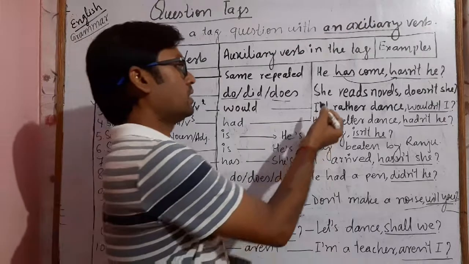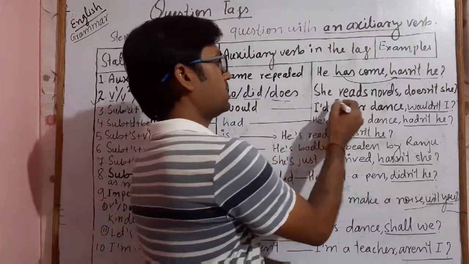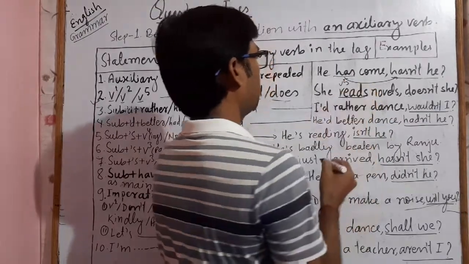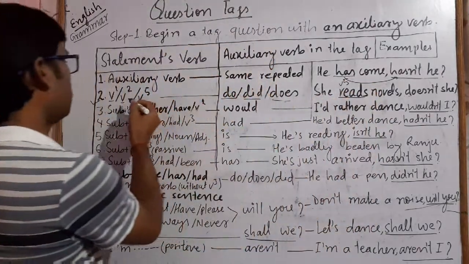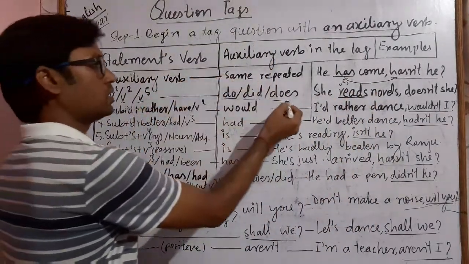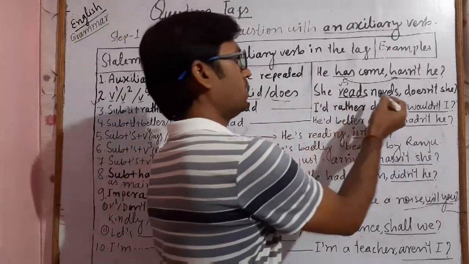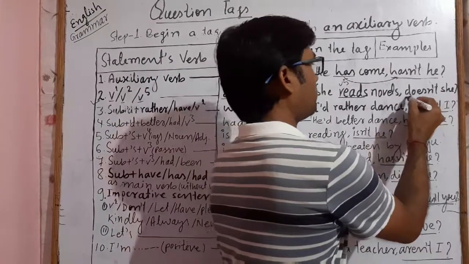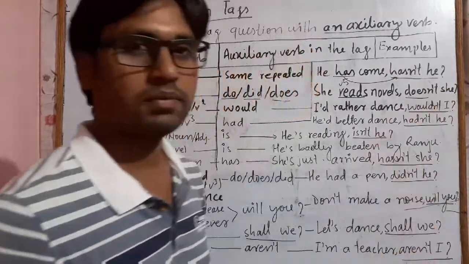Example: she reads. You can see that reads is verb 5, so for verb 5 we have to use does. She reads novels, doesn't she? So we have used does instead of verb 5.